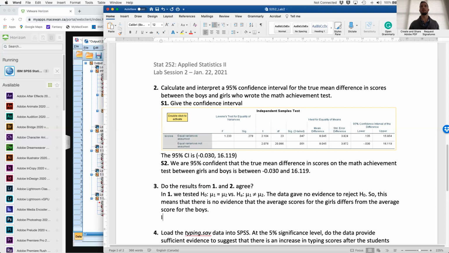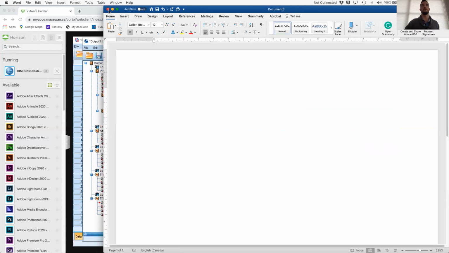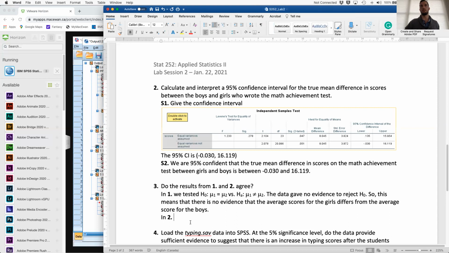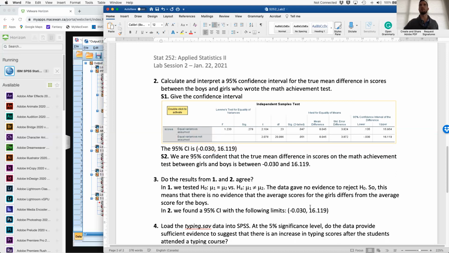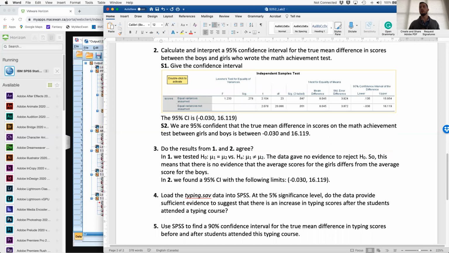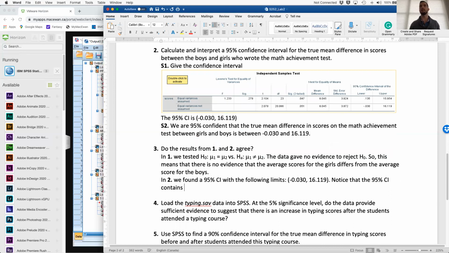In 2, we found a 95% CI with the following limits. So what we can notice here, notice that the 95% CI contains 0. Okay, so this is the big part of it.